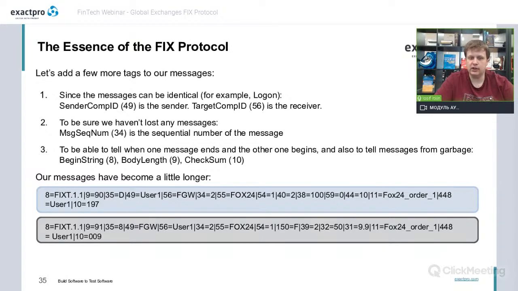We'll probably cover it in a separate session dedicated to FIX connectivity and maintaining sessions, heartbeats, etc. There is also a checksum tag that is used to validate that the message is not malformed.